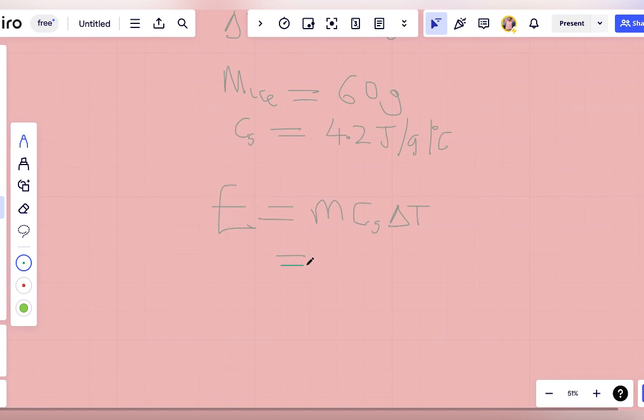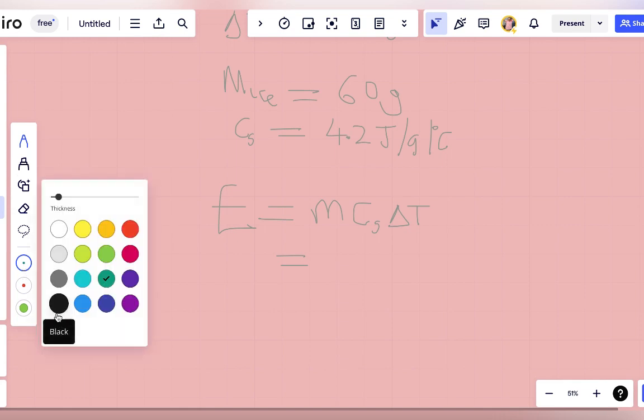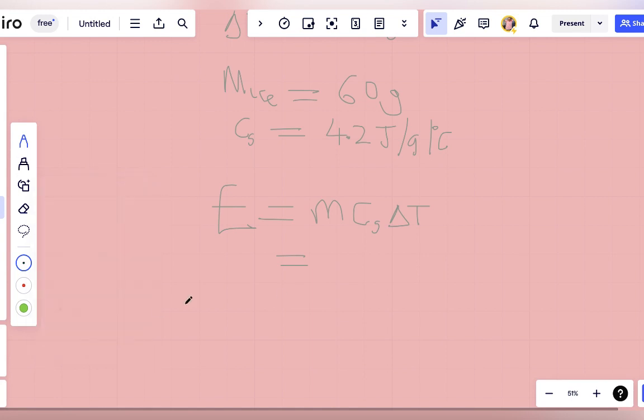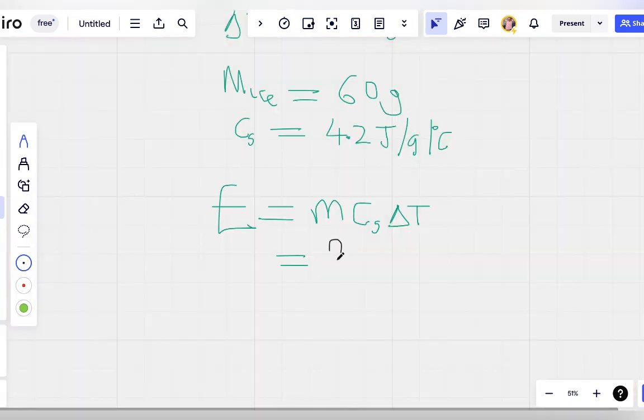So this will be equal to the mass of water, which is 200, multiplied by the specific heat capacity of water, which is 4.2, multiplied by the change in temperature, which is 22. What do we get? 200 times 4.2 times 22.